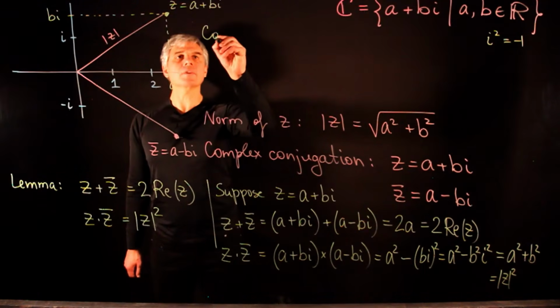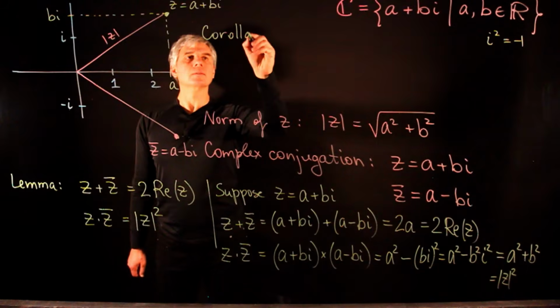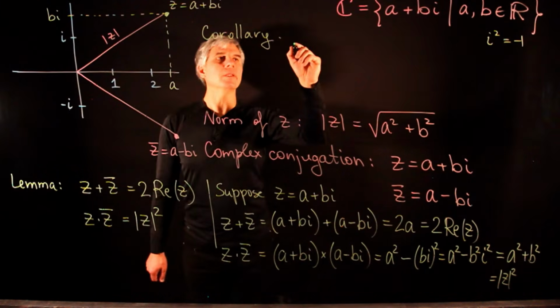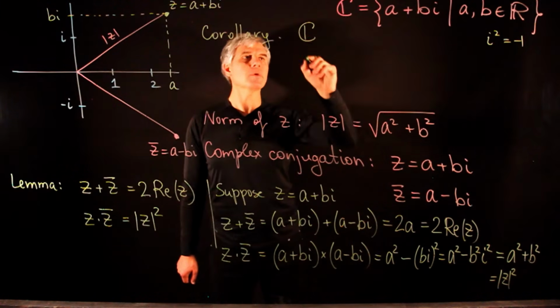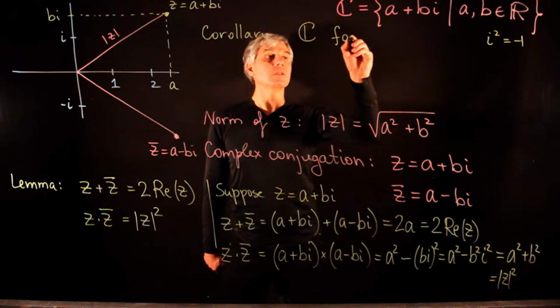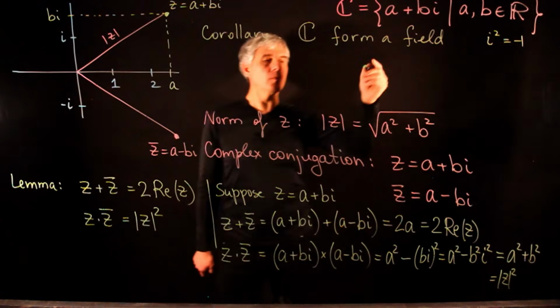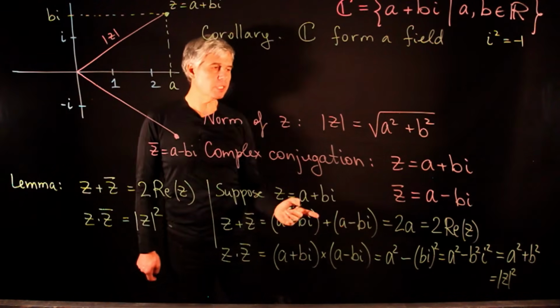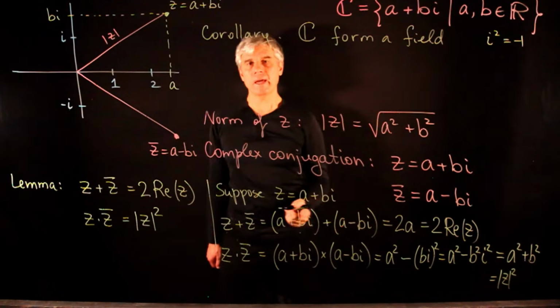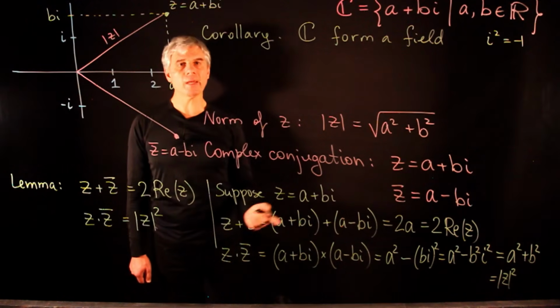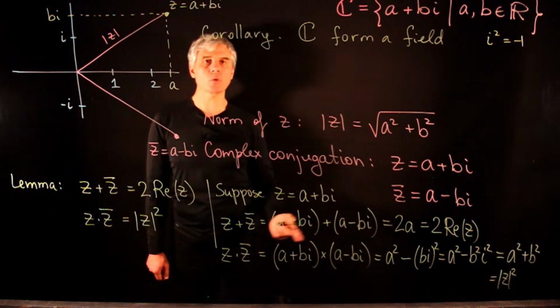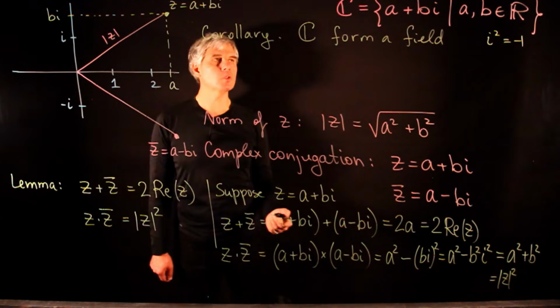The corollary of this is the following claim, that complex numbers form a field. Now, we have addition, multiplication, 0, 1, and we can easily verify all the axioms like commutative and associative laws, and the distributive law.